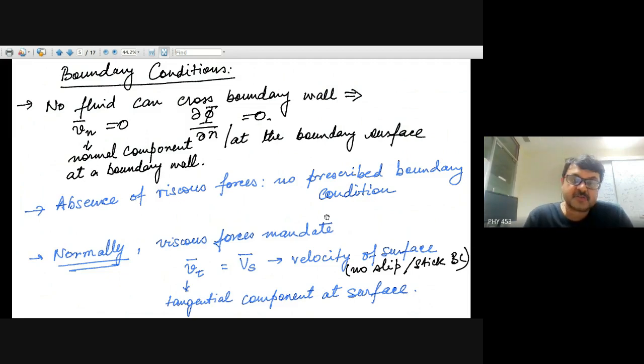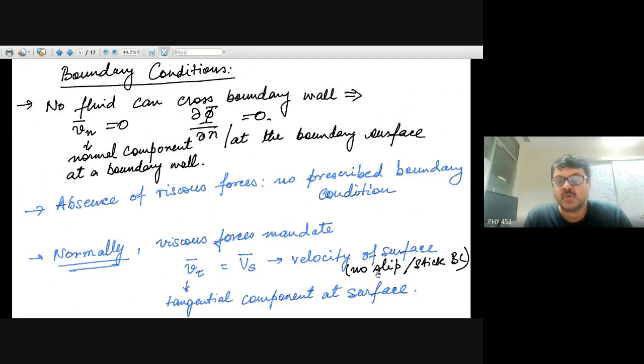If there were viscous forces, basically the viscosity ensures, especially for macroscopic flows, that the fluid sticks to the surface at the boundaries, and that means the fluid is moving with the same velocity as the surface of the boundary.